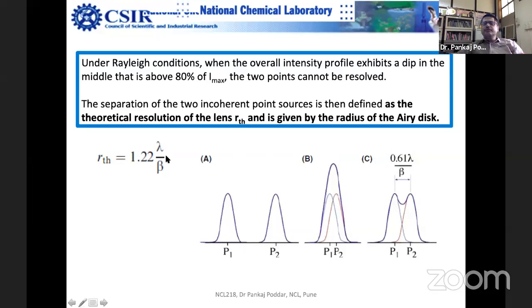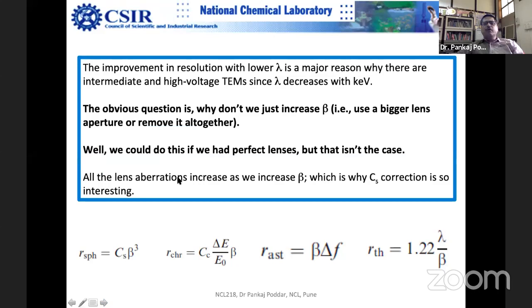If you take 2 times of this, then you can consider that as 1.22 times lambda divided by beta.